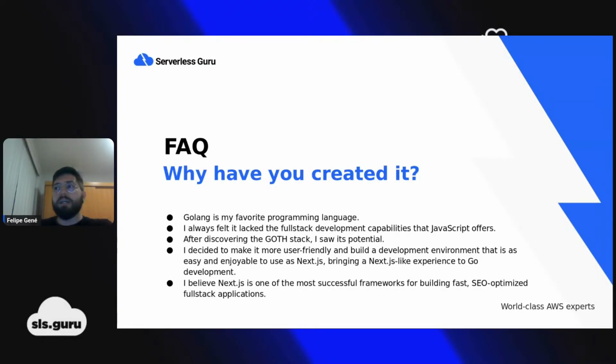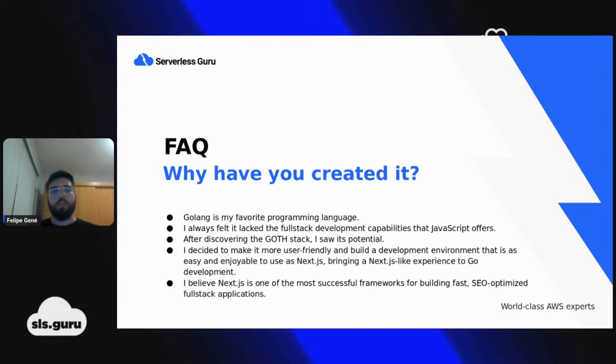I started using this Gothic stack, and I decided to make it a little bit more user-friendly. The community way of building Goth apps was less than ideal. Because of that, I decided to build some scripts and attach them together to make that easier, and to make the developer experience of creating full stack Go apps as pleasant and as enjoyable as using Next.js.